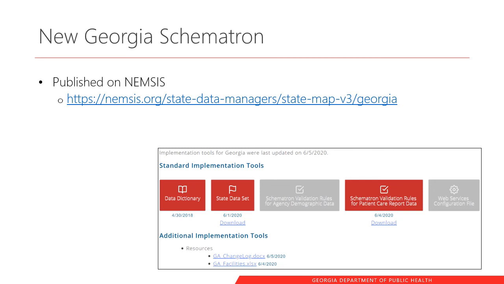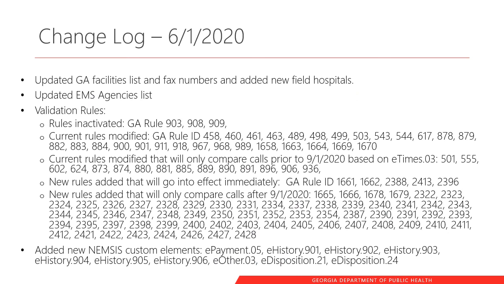You just go to the NEMSIS website and you can download it. Here is our change log for the most recent changes. I'm not going to read this to you. It is posted on the NEMSIS website, but we added a bunch of rules, and I will be talking about the specifics of those rules in part 2.